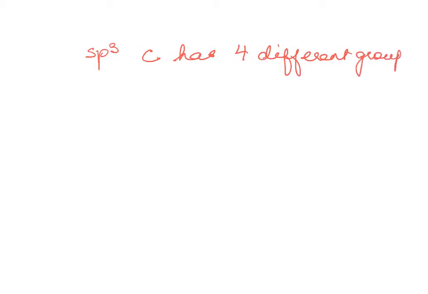So what you need is an sp3 hybridized carbon atom, which has four different groups on it. What that means is that you have four different carbon single bonds. Now, the CIP rules, which are Cahn-Ingold-Prelog, suggest that if you have an sp2 hybridized carbon, for example, in which case we did the E and the Z, remember?